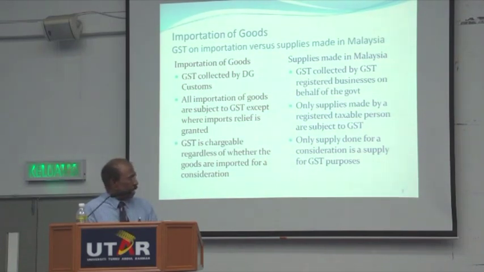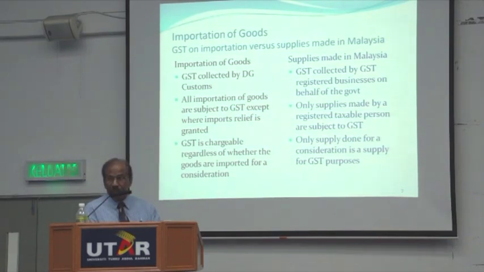Whereas for supplies made in Malaysia, GST is collected by GST registered businesses. So the businesses are going to be the agents of the government. And in the case of tax, they are not going to pay you to do the work, but you've got to do it. Only supplies made by a registered taxable person are subject to GST.